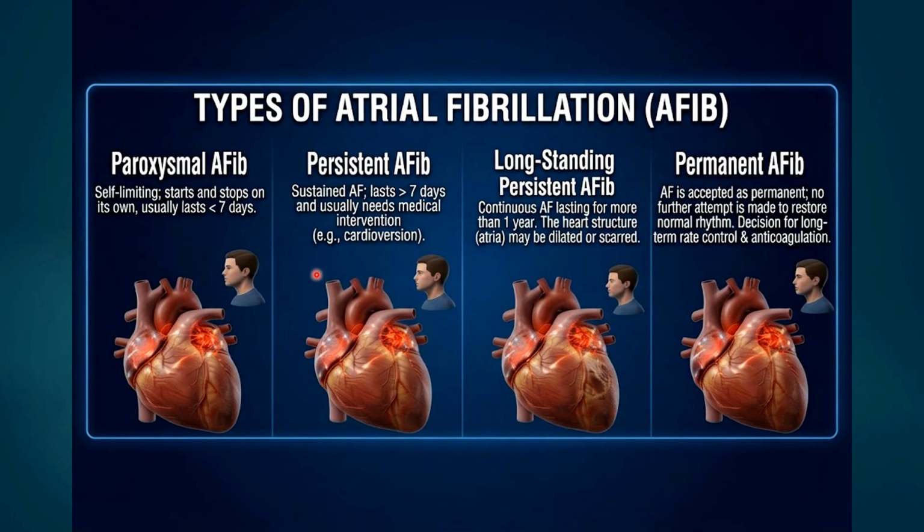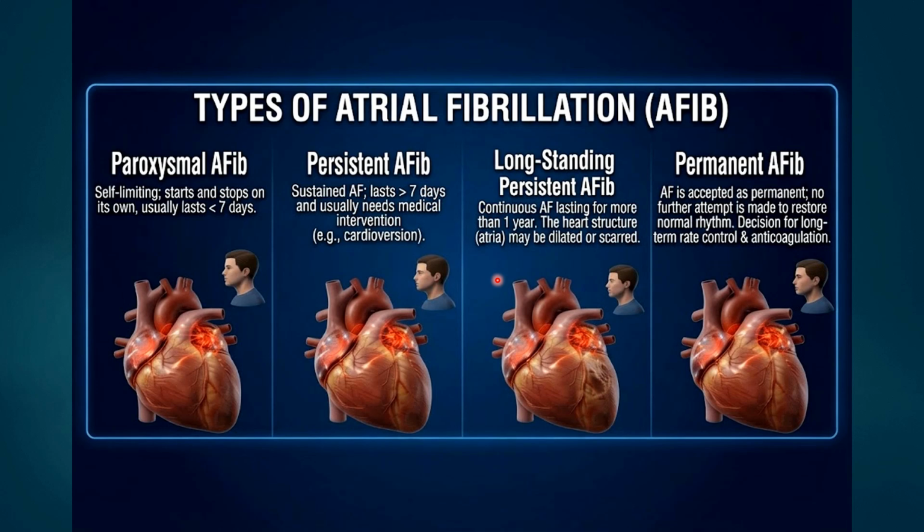If it is sustained, lasts for more than 7 days and needs medical intervention to stop, we call it persistent atrial fibrillation. If continuous AF lasts for more than 1 year, we call it long-standing persistent atrial fibrillation.